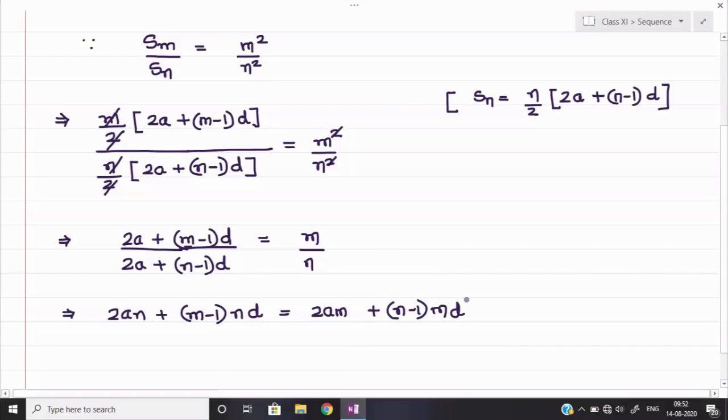Now we shall collect the similar kind of terms at the same place. For example, 2a and 2a that are looking similar. So we'll do one thing. 2an we shall keep it here and 2am we can bring to this side. Similarly, n minus 1 into m into d that I am keeping there only, and I am sending m minus 1 into n into d onto that side.